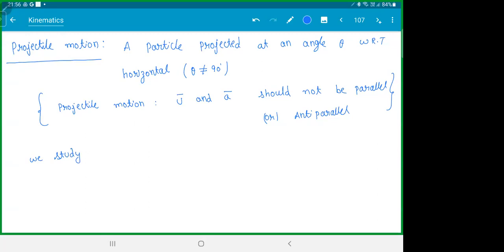We simplify the motion. We study this by resolving the motion along two perpendicular directions.